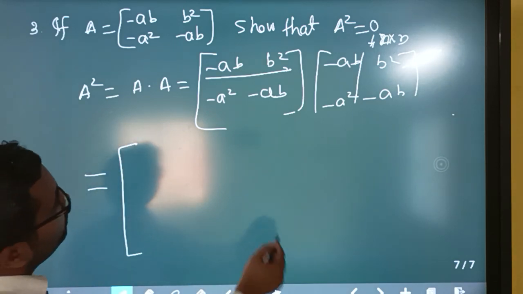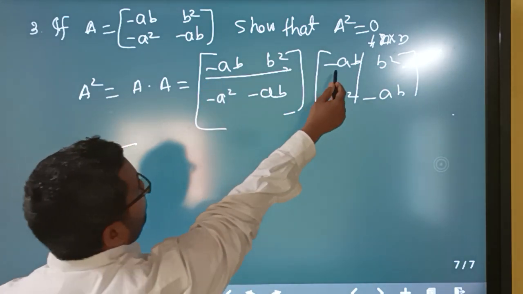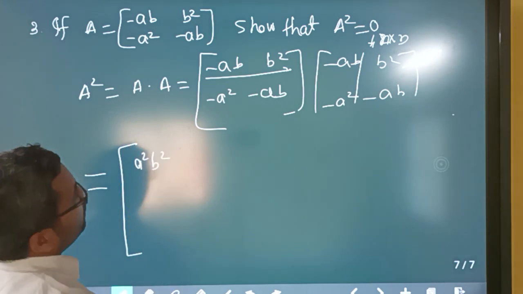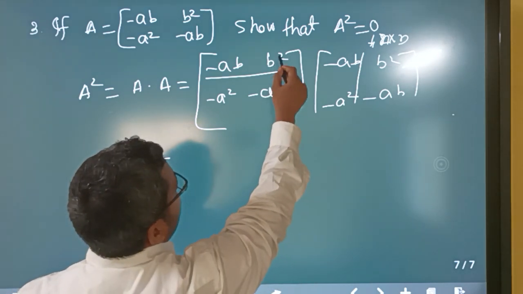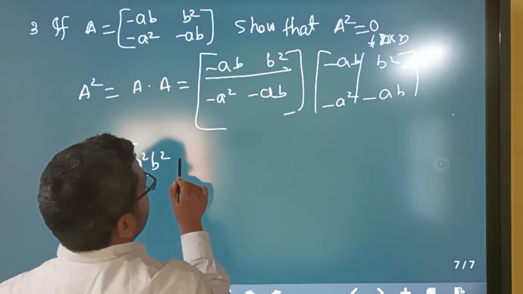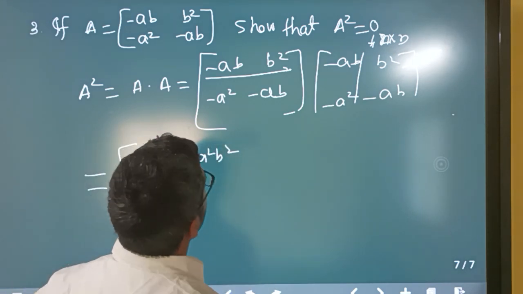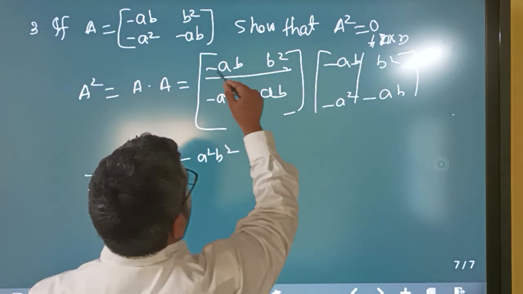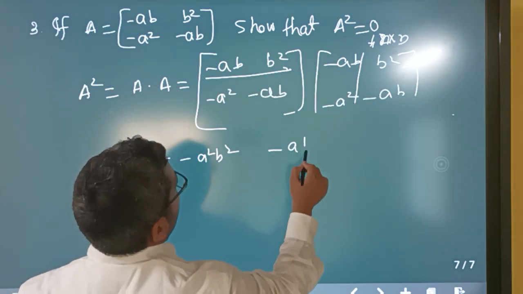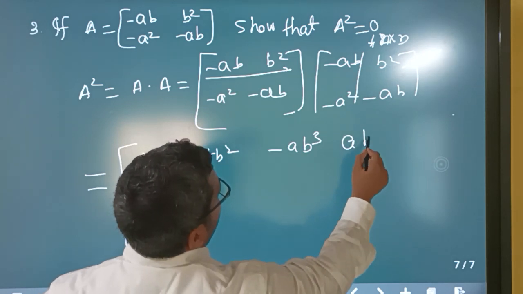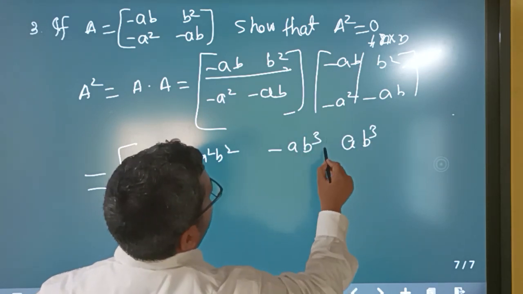Now what do we do? First element: minus ab times minus ab plus b square times minus a square, giving a square b square minus a square b square.